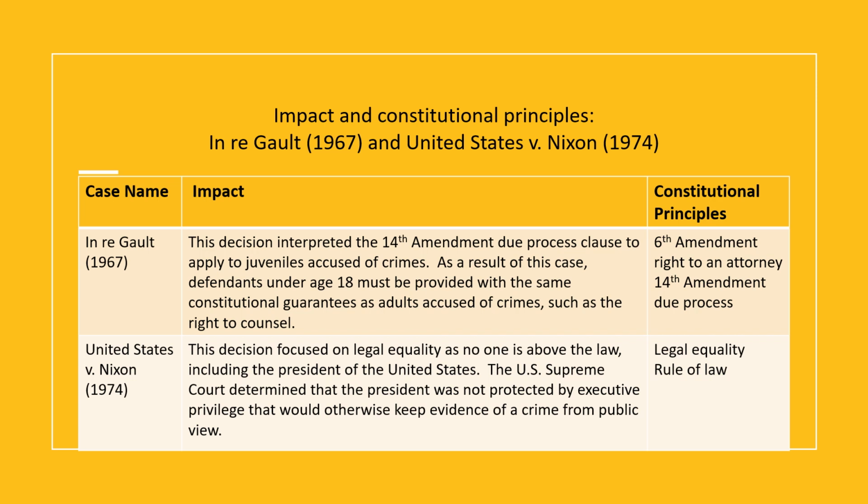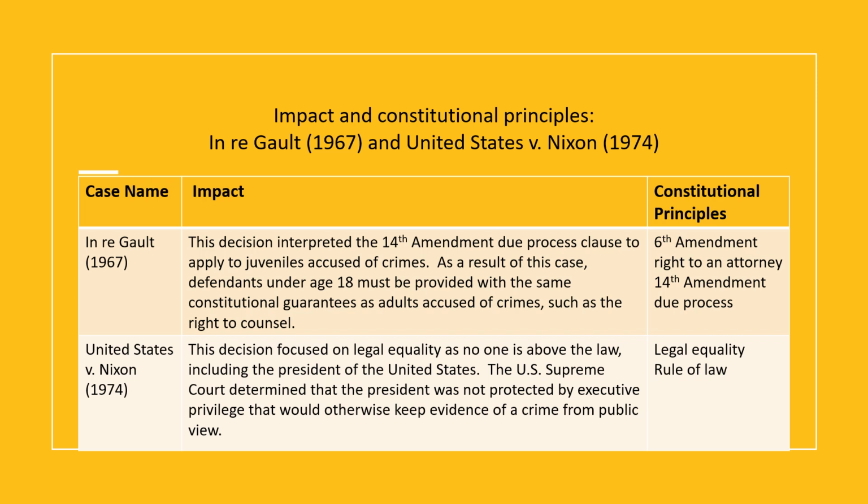And the U.S. Supreme Court decided that indeed, regardless of a person's age, they were entitled to the same privileges and liberties as a person who was an adult in the context of criminal procedure and due process. So the constitutional principles focused on the right to an attorney from the Sixth Amendment and the 14th Amendment Due Process Clause, which then extended the Sixth Amendment to state treatment and state crimes.